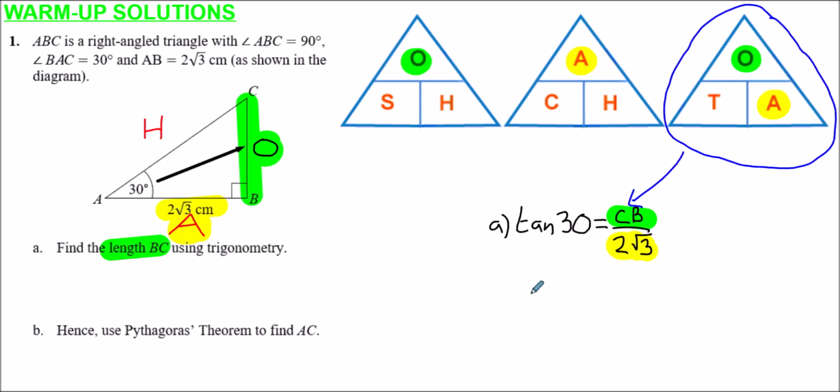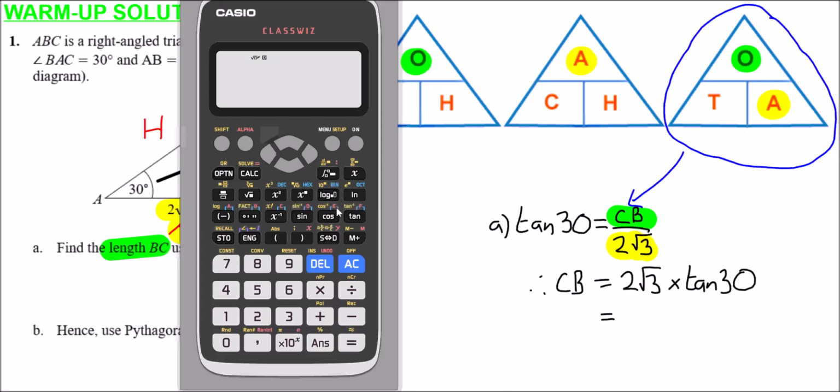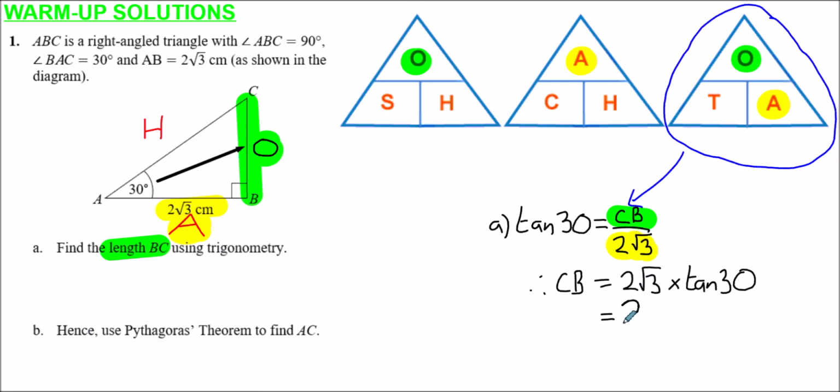Therefore CB is going to be 2√3 multiplied by tan 30. So let's get the calculator out just to be absolutely sure. 2√3 multiplied by tan 30, close brackets. That gives us a length of exactly 2. And so this one here has a length 2. So that's what BC is.